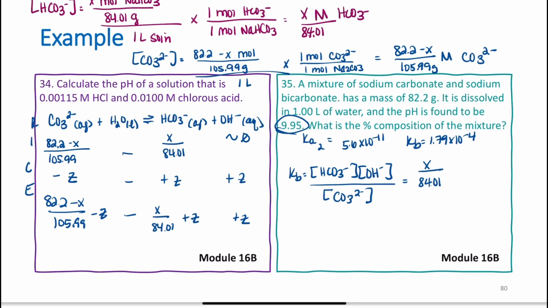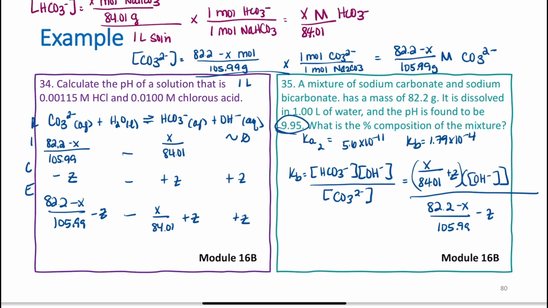X over 84.01 plus Z. I'm looking at products here. And my hydroxide concentration, which I will discuss in just a sec, divided by 82.2 minus X over 105.99 minus Z. I'm going to assume Z is very small, but truthfully, I'm going to figure out Z in just a sec.